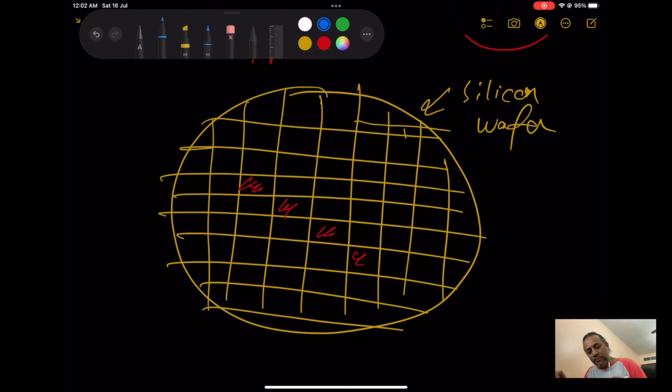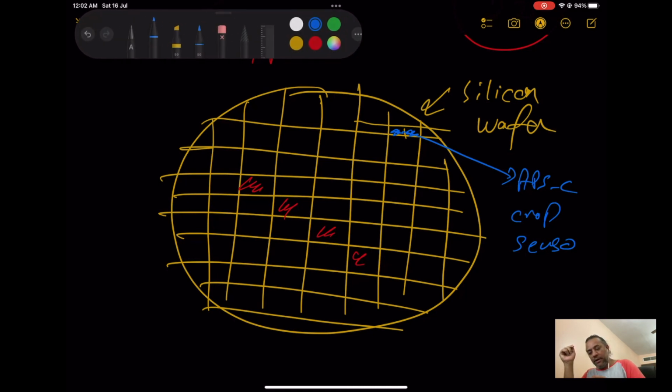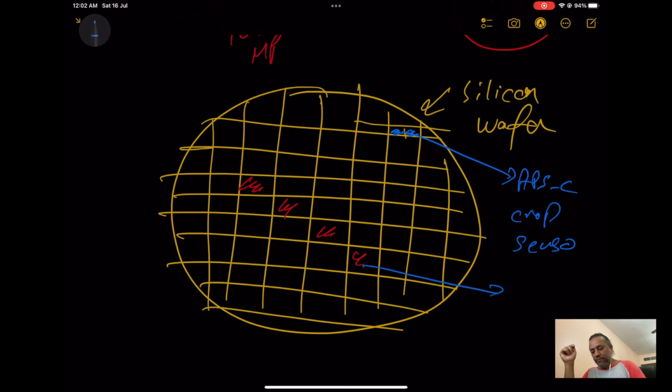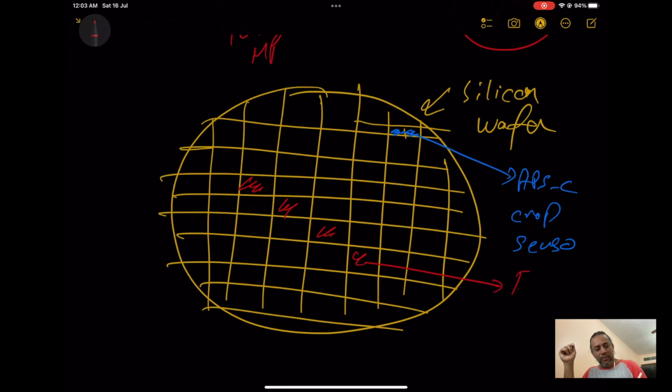So these blue ones, they will become your APS-C or crop sensor, and the remaining in the red, these will become full frame, because the pixel size is uniform across the wafer. By just cutting it, you can make the crop sensor and the full frame sensor. That's how they make the sensor.